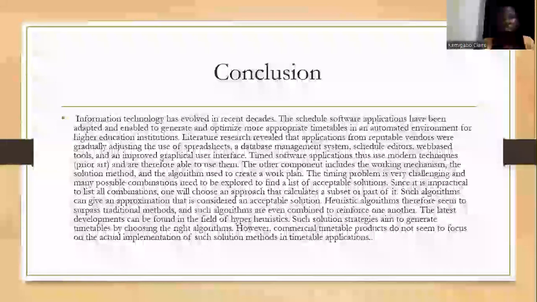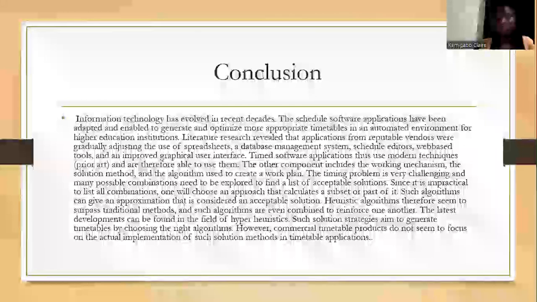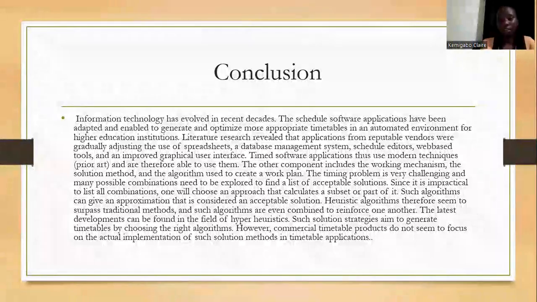So, in conclusion, information technology has evolved in recent decades due to AI, and scheduling software applications have been updated and enabled to generate and optimize more appropriate timetables in an automated environment for higher education institutions.